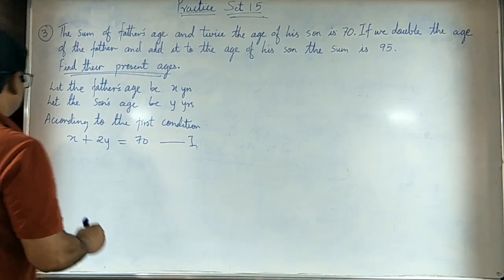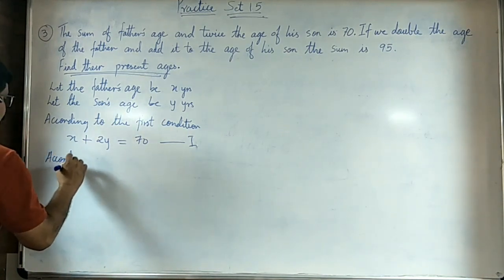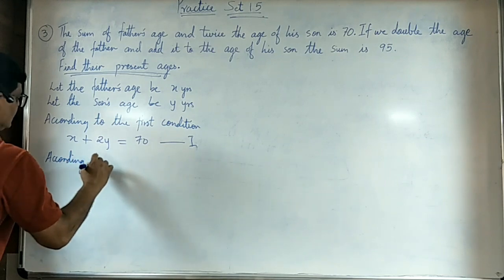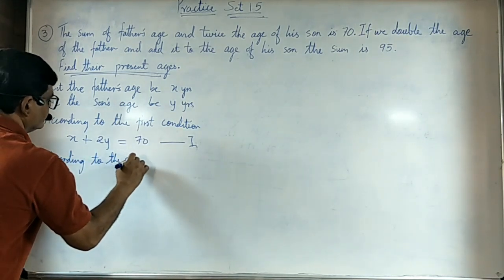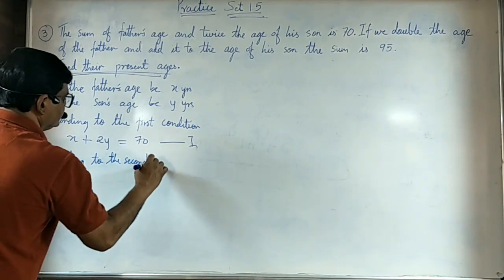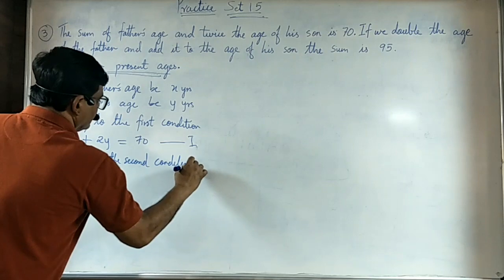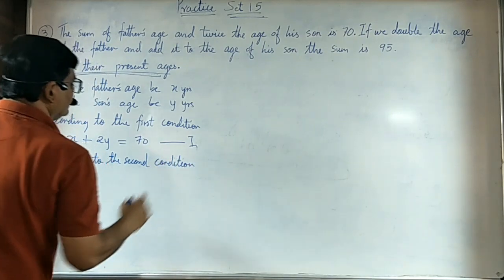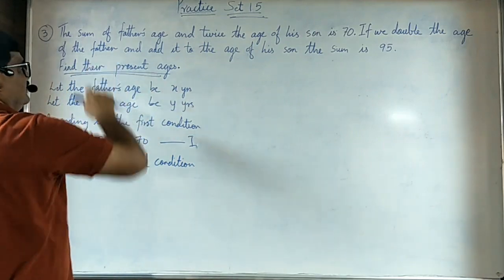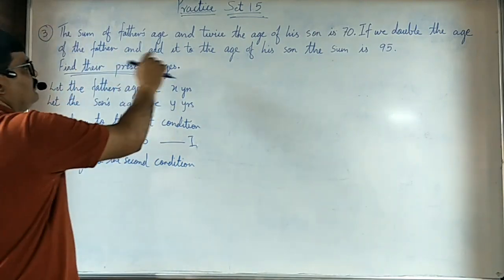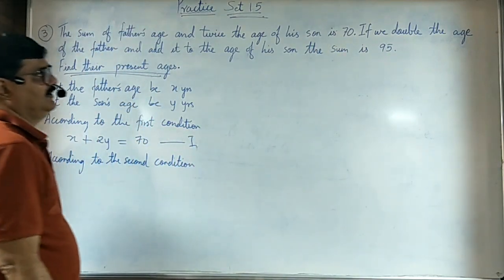Now let's go to the second condition. What is the second condition? If we double the age of the father and add it to the age of his son, the sum is 95.